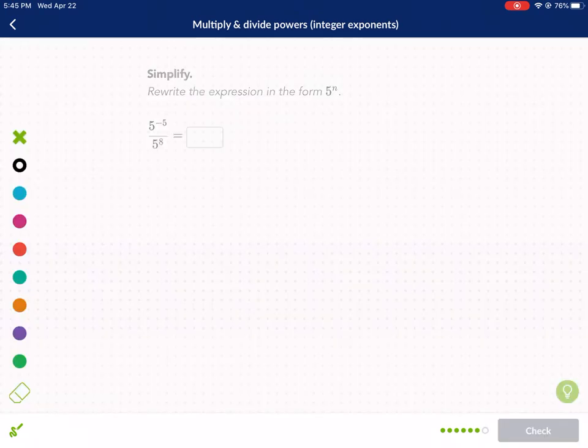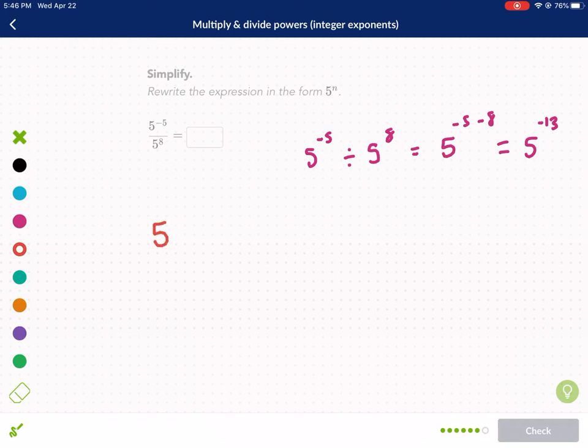This is a tricky one, so let's make sure we take our time. We have 5 to the negative 5th divided by 5 to the 8th. Well, we know we subtract exponents. So we have negative 5 minus 8, which gives us negative 13. So that's going to be our answer. Another way to think about this problem is that anytime you have a negative exponent, you could rewrite it as a positive exponent by moving it to the other side of the fraction.